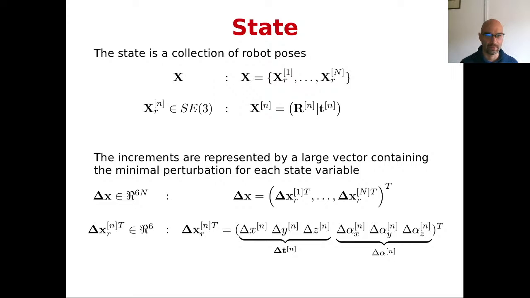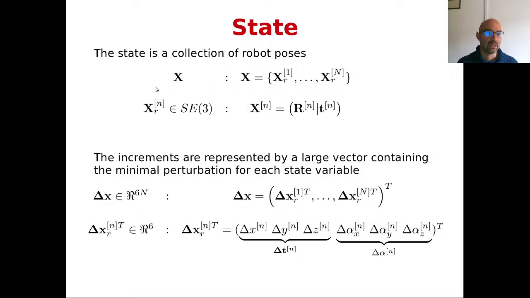Why are you telling me so? Well, we just said that the goal of our algorithm will be to find the most likely configuration of a set of variables that are the robot positions. So given that each robot position is an SE2 or SE3 object, in this slide we will talk about SE3, well, that's the definition of state.